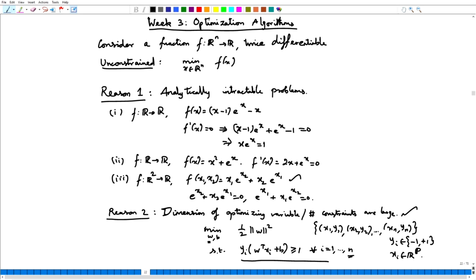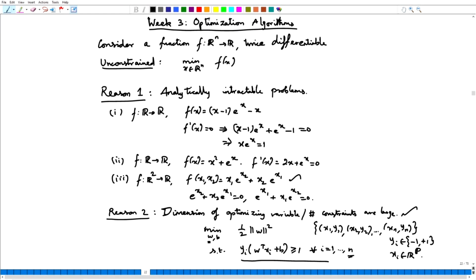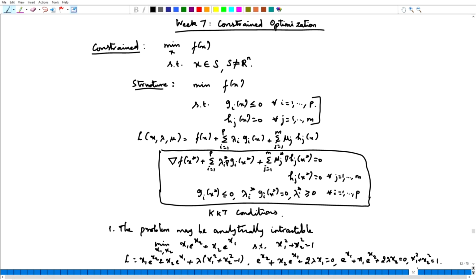These are the settings where we go to solving the problem using computers; we want to outsource all of these jobs to a computer. So, we have 2 reasons: the problem is analytically intractable, and the dimension of the optimizing variable or the number of constraints is very large. Based on these reasons we will try and work on coming up with algorithms for constrained optimization.